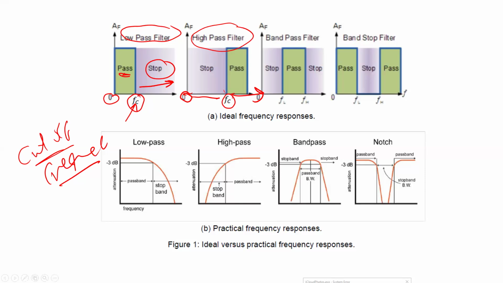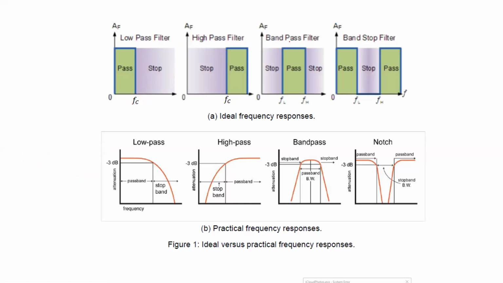The third one here we call bandpass. By the way, the word band in communication means a certain frequency range. That's why we call it band. So in bandpass, as you see here, any frequencies in this frequency range are going to pass. Any other frequencies, the circuit should block.